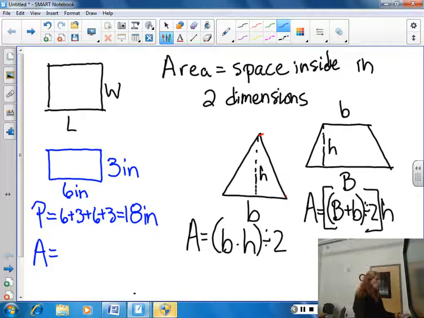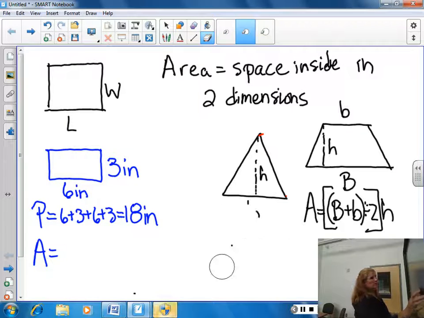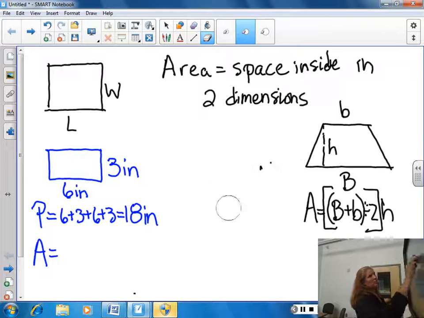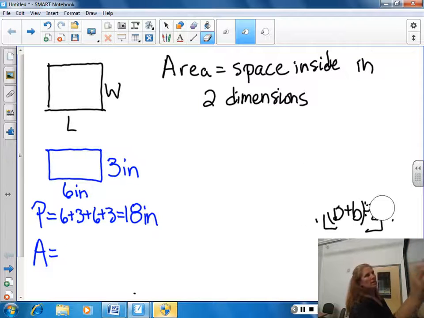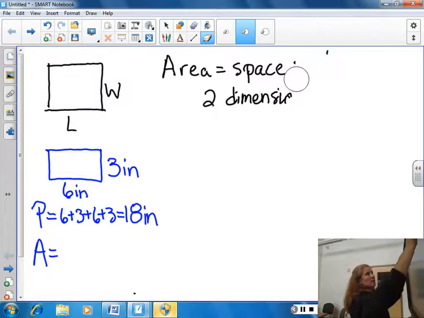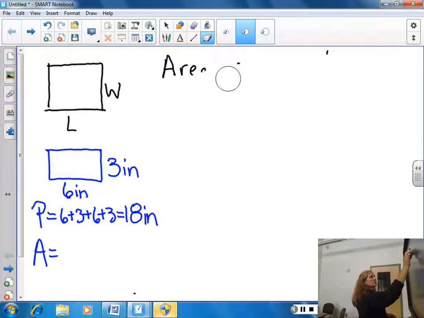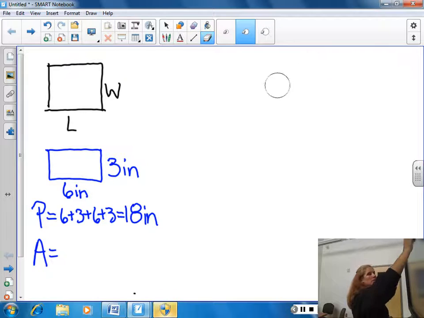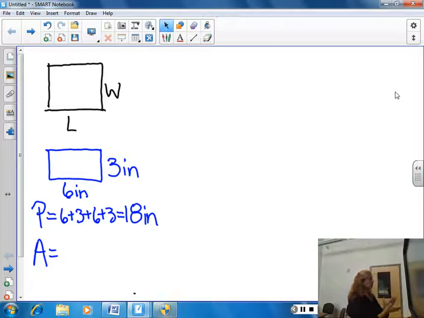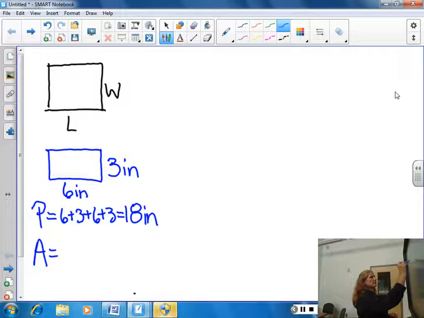Okay, what if I ask you to find the area for that? Let me give myself a little bit more room. The area is not the distance around, it's the space inside that area in 2 dimensions, not the depth. But if it was just a flat polygon like we have here, that's what we're talking about. Let me show you something about a 6 by 3.